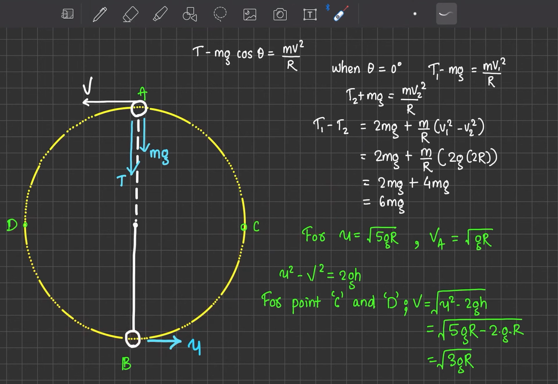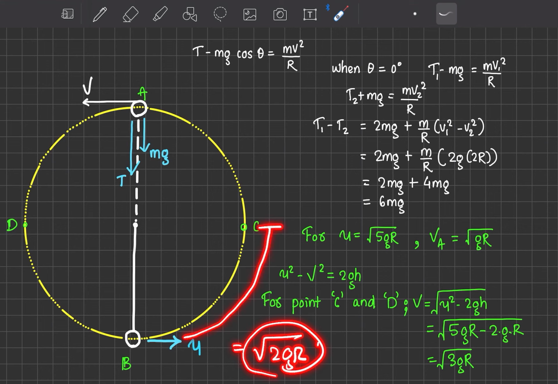If we use the energy conservation equation, we get that u should be equal to root over of 2gr, and this speed will let the particle reach maximum up to C or D.